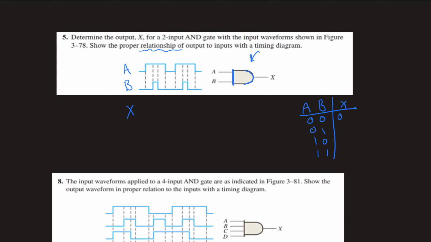And so this is false, this is false, this is false. If A is 1 and B is 1, then it's a 1. And so now I know my signal here, X, is always going to be low, except when they're both high.